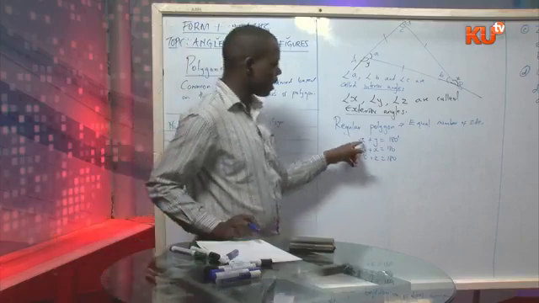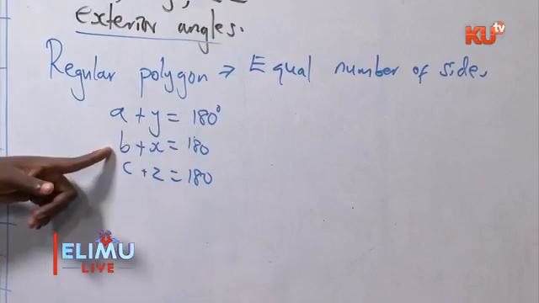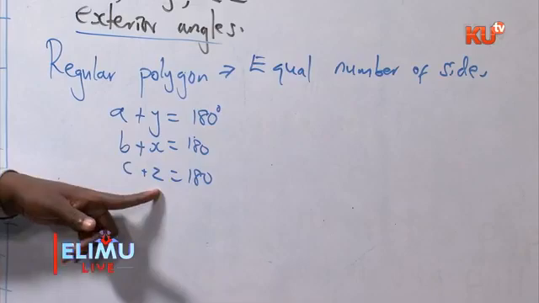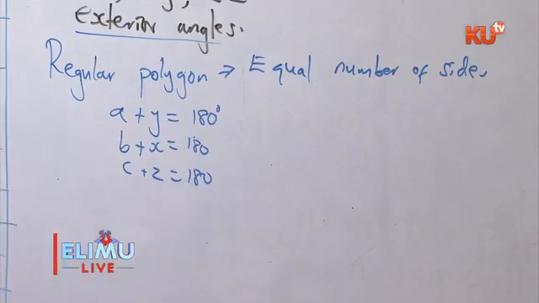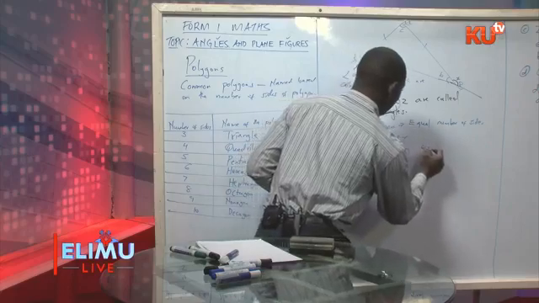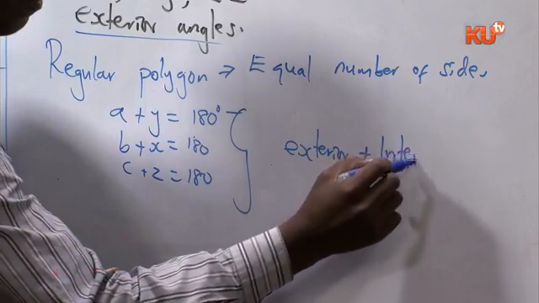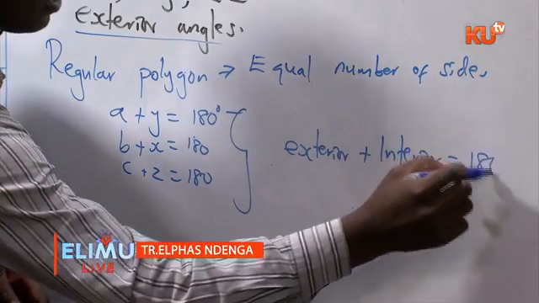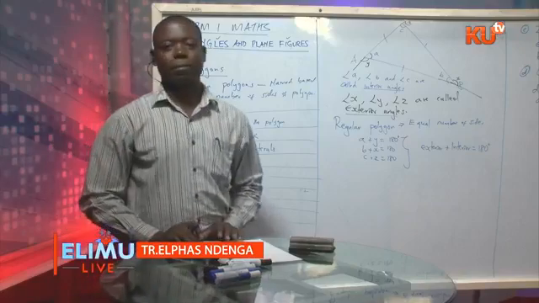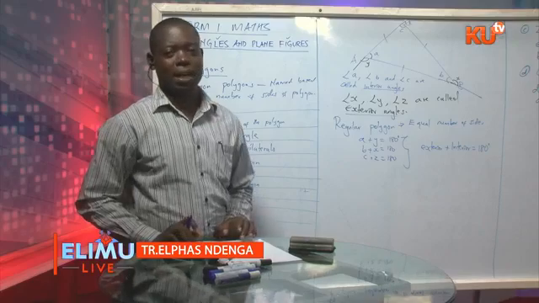It is very simple: A is an interior angle, Y is an exterior angle. B is an interior, X is an exterior. C is an interior, Z is an exterior angle. Therefore, if you take an exterior angle plus an interior angle, you'll always get 180 degrees for all regular polygons. The exterior and the interior are supplementary.